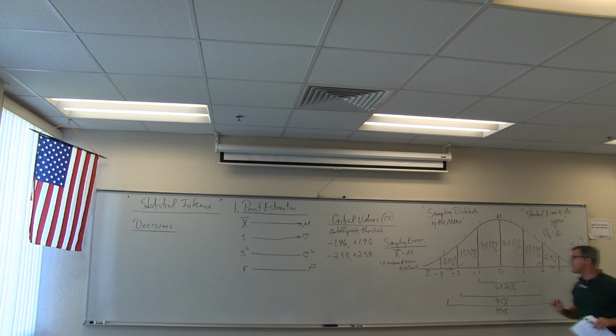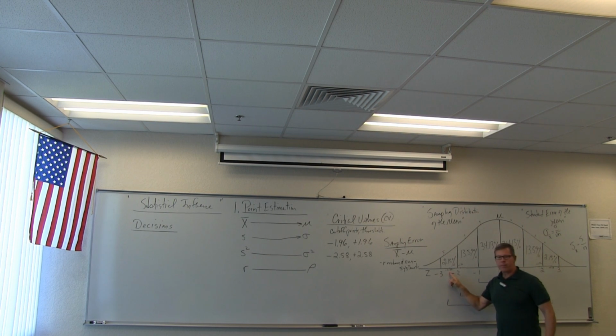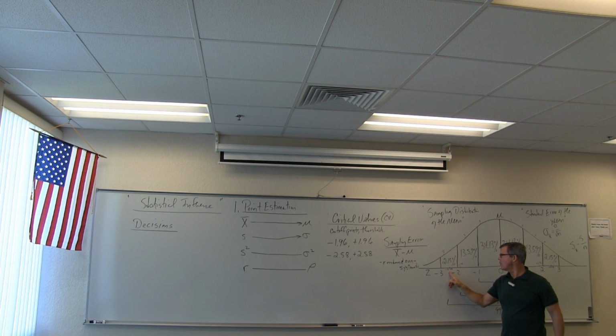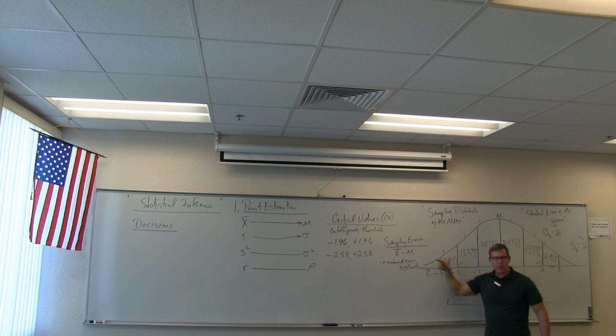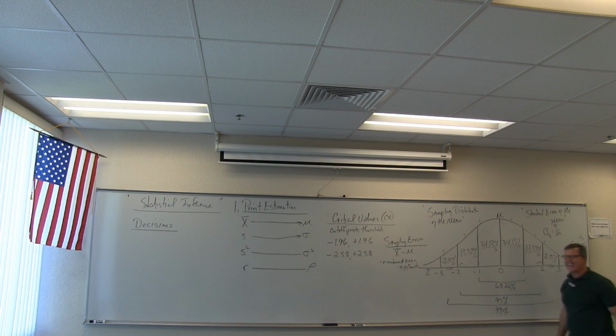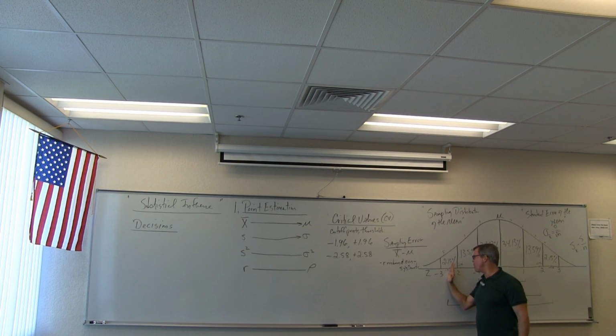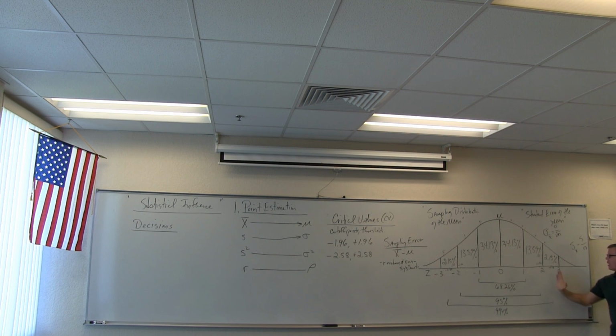If you go to a negative 2.58 on your z-tables, that would be the area from here back. You're going to see the number 0.0049. And that's telling us that about 0.5% of the area falls from here back. So we have about 0.5% area from here back, 0.5% area from here back, one-half plus one-half equals 1%, added to the 99% equals about 100% of the area under the sampling distribution of the mean.